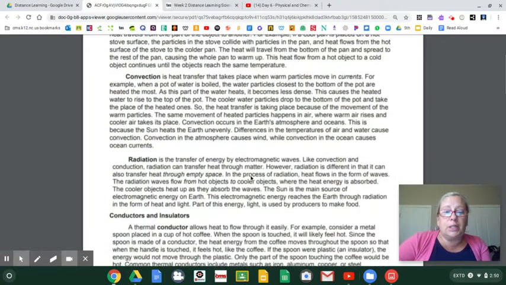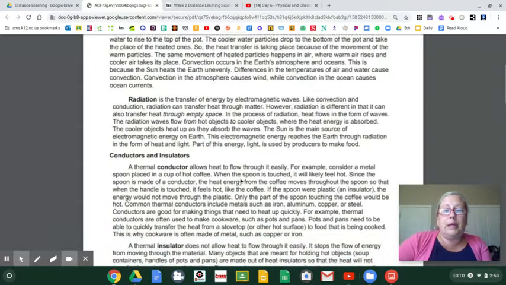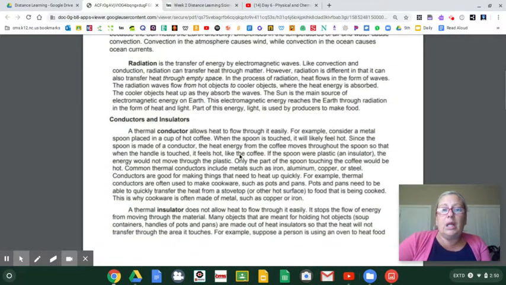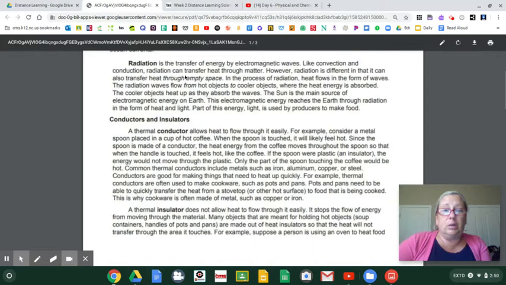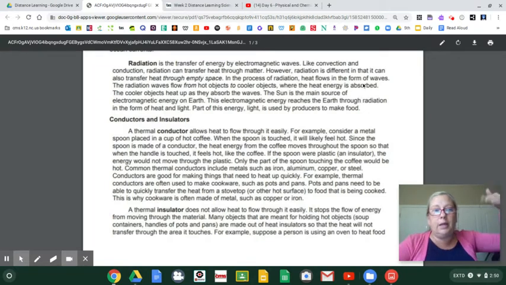Radiation is the transfer of energy by electromagnetic waves. Like convection and conduction, radiation can transfer heat through matter. However, radiation is different in that it can also transfer heat through empty space. In the process of radiation, heat flows in the form of waves.